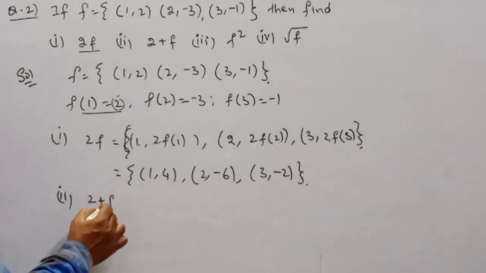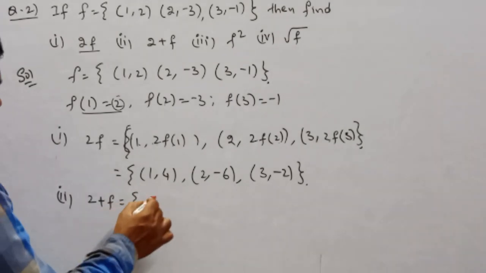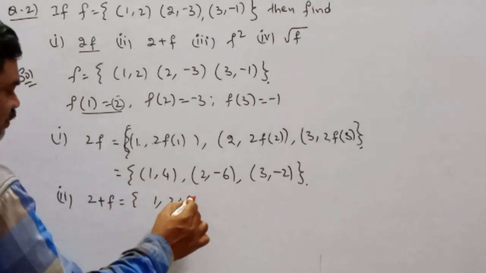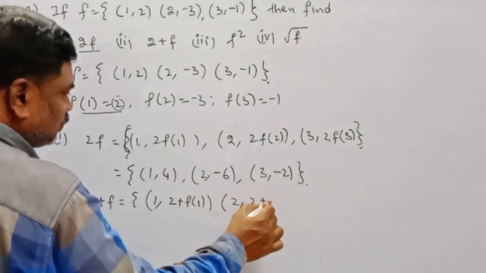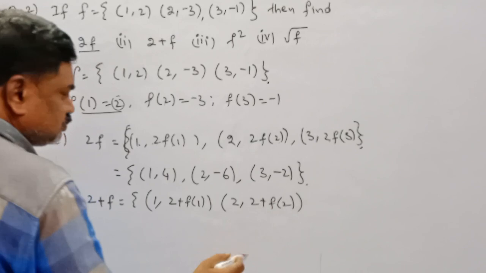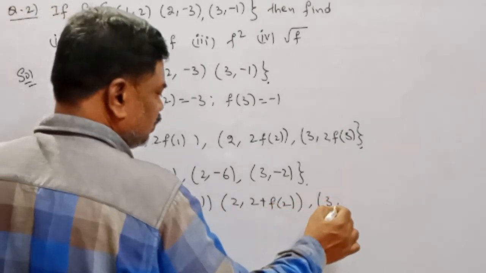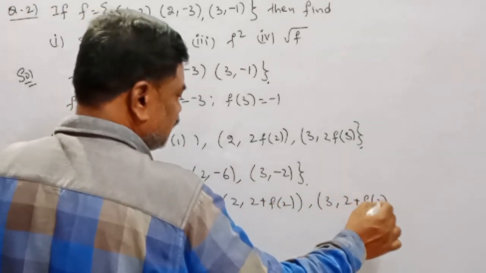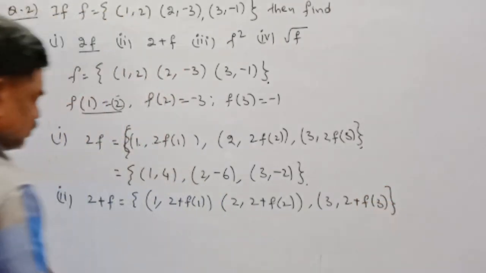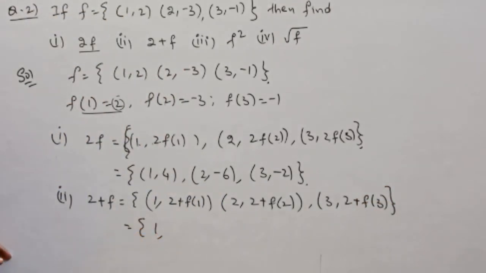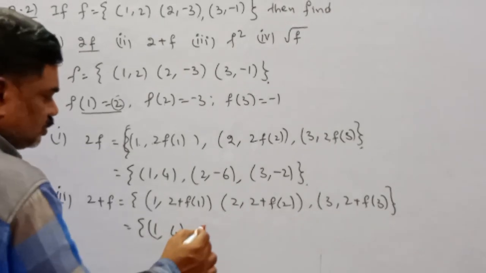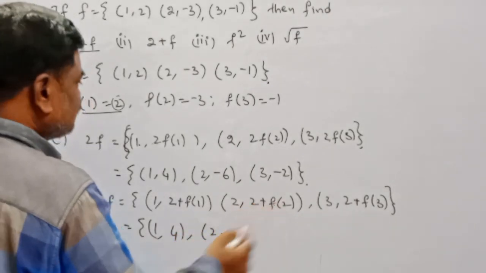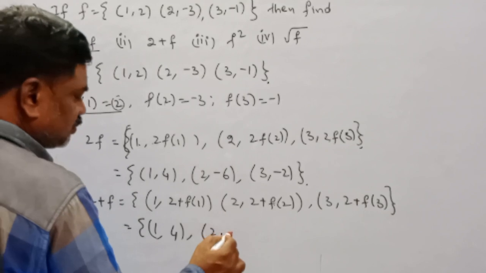Again, what is the second one? 2 plus f is equal to (1, 2 plus f of 1), (2, 2 plus f of 2), (3, 2 plus f of 3). What is f of 1? 2. 2 plus 2, 4. So (2, 2 plus f of 2), 2 minus 3, minus 1.